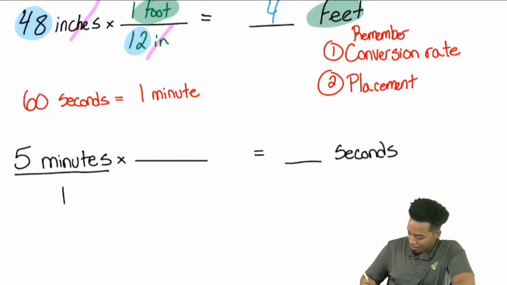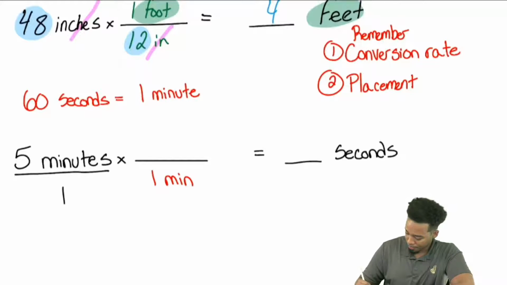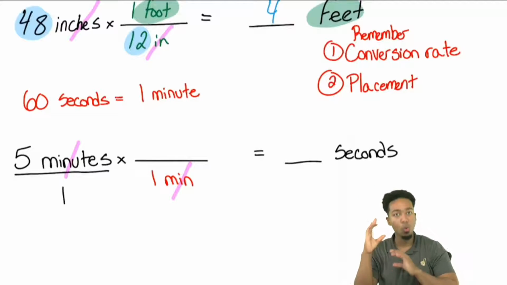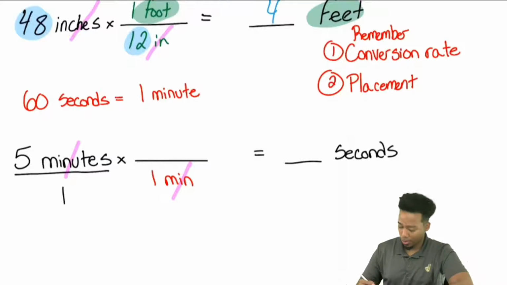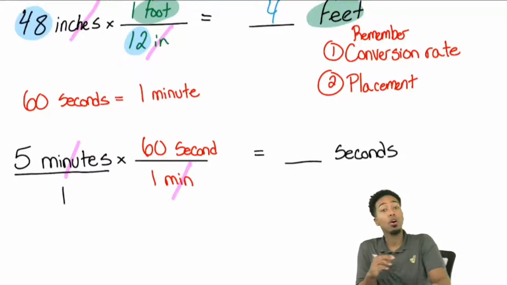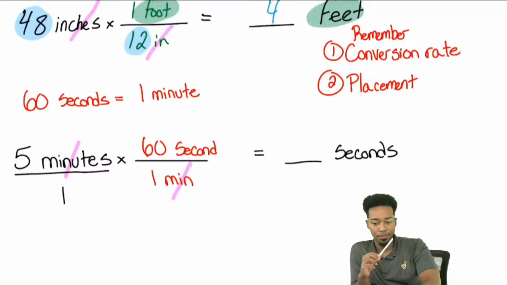So I'm going to put the 1 minute on the bottom, because if you have the same thing up top and bottom, it's going to cancel. And so you're going to be left with the 60 seconds up top. So everybody, are the 5 and the 60 here being multiplied or divided?